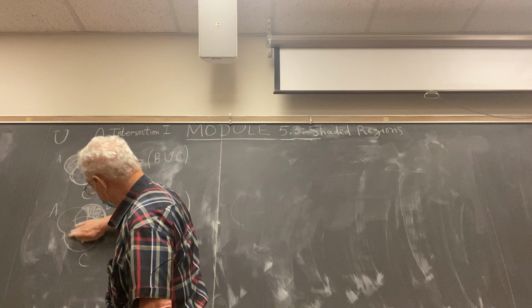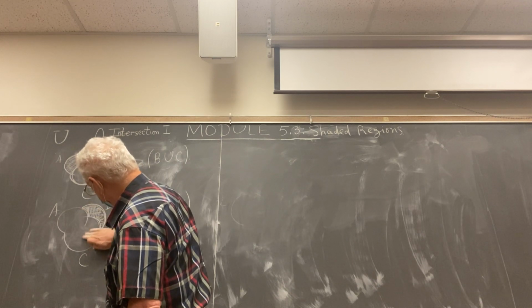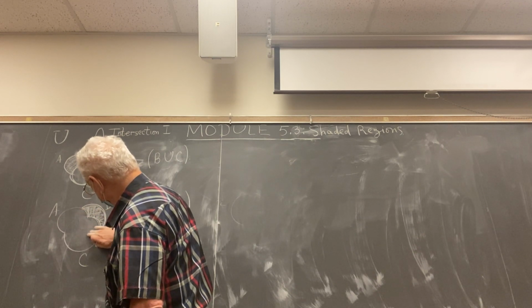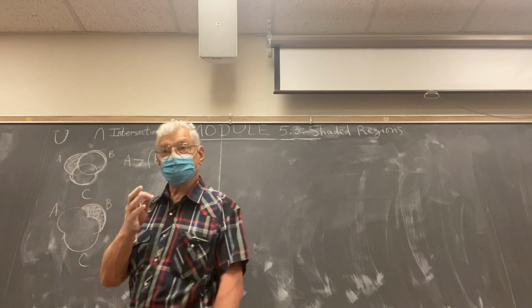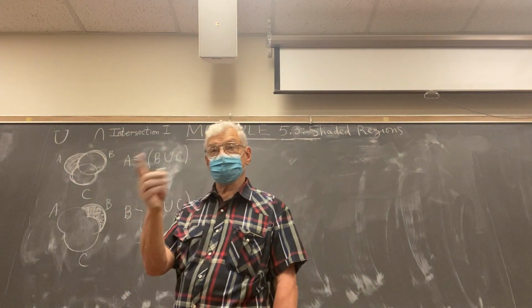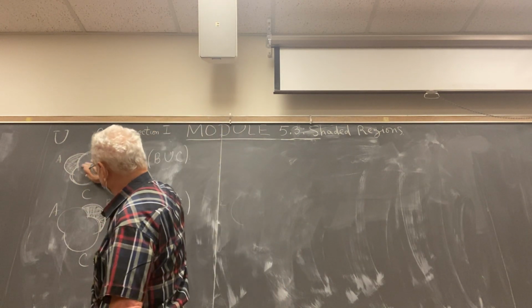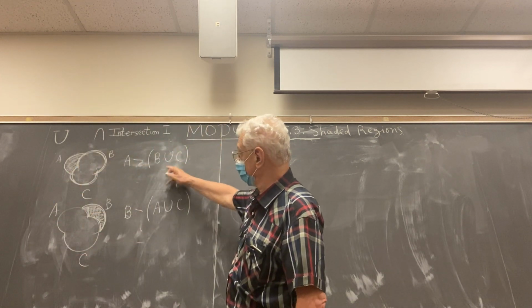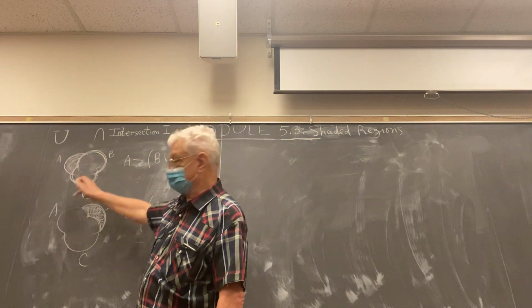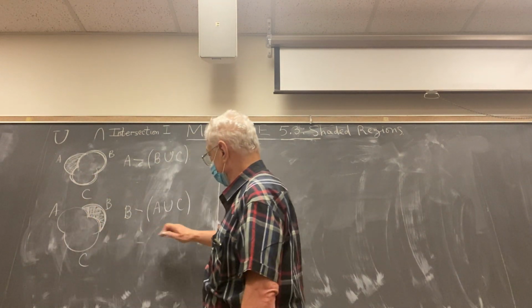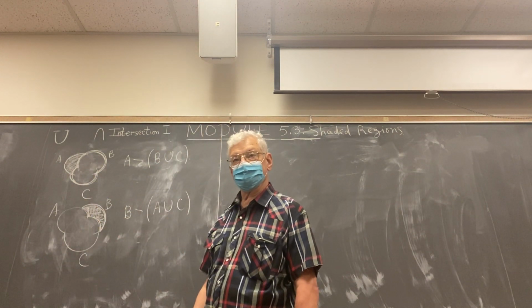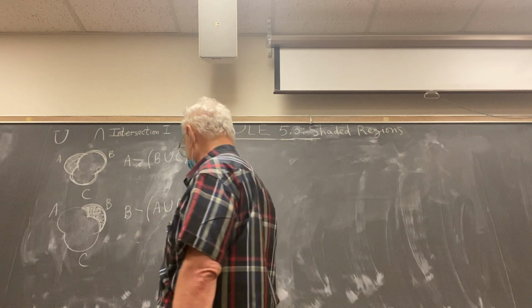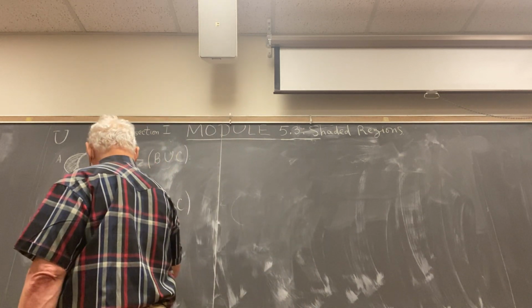Because if I take A union C, you see this one. Take scissors, cut it out, and look what will happen. So B minus (A union C): this is A union C, and you remove it. Got it? Okay, now the last question about that: what is this one?